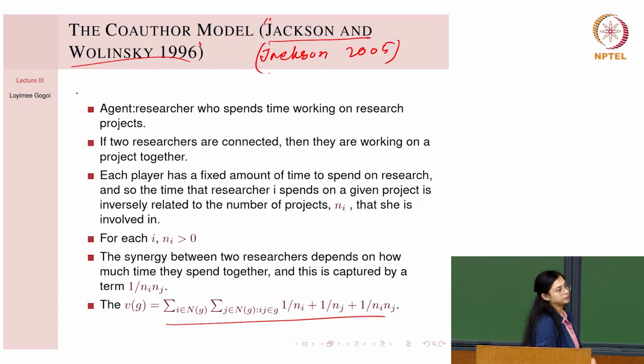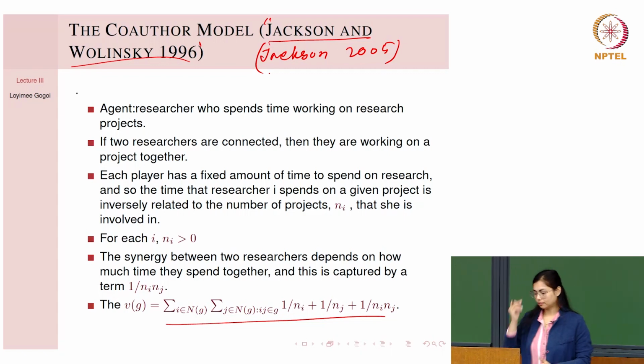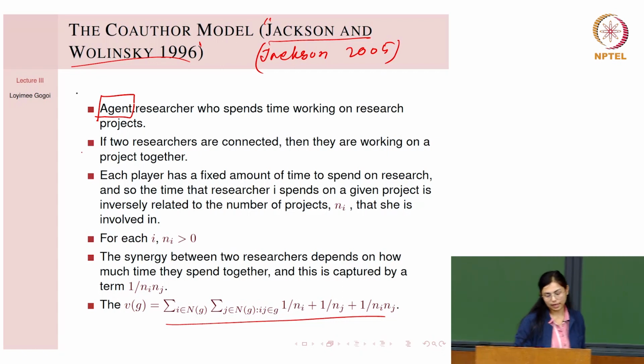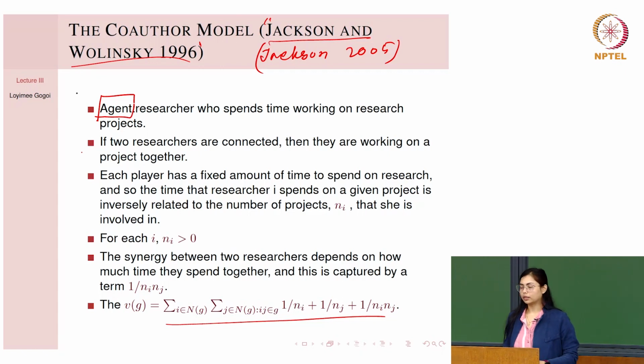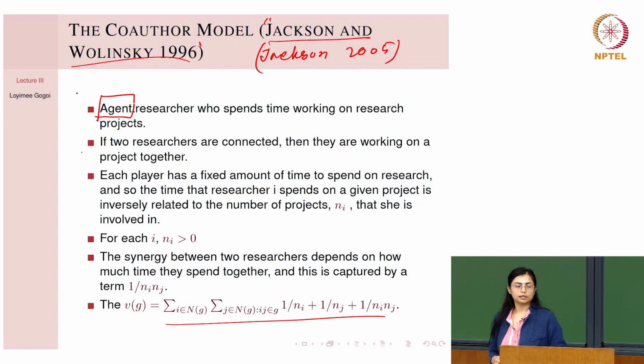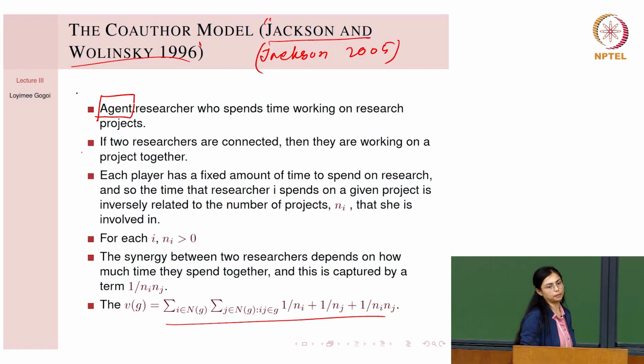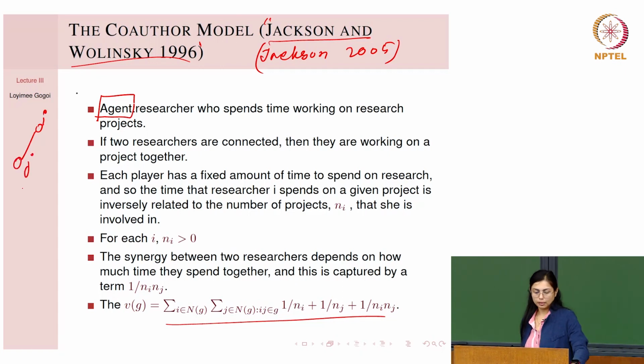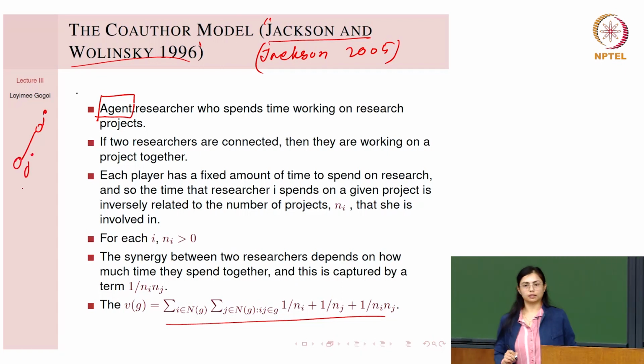So here the agents or players are, say, researchers. It's almost like a collaboration network. Researchers are working on projects; they can work alone or with somebody. If player I has a link with another agent J, that means they are working together on one project.